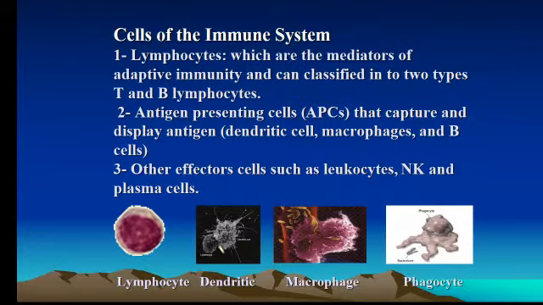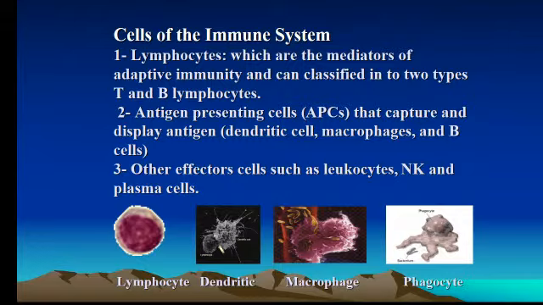We'll be enumerating these cells one by one. Lymphocytes are the mediators of adaptive immunity and can be classified into two types, T and B lymphocytes.